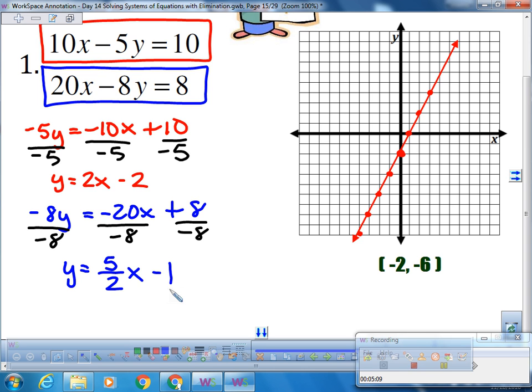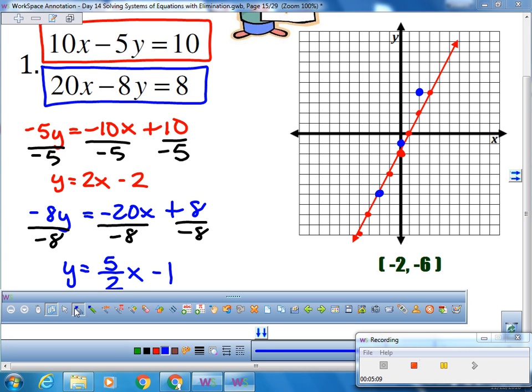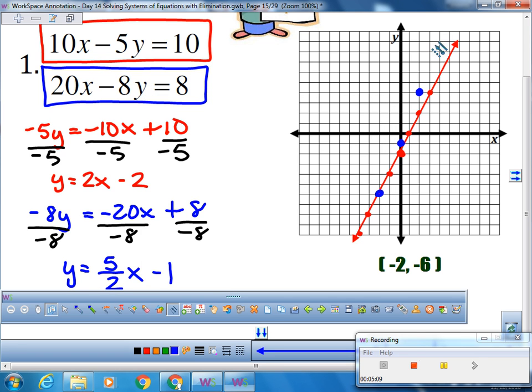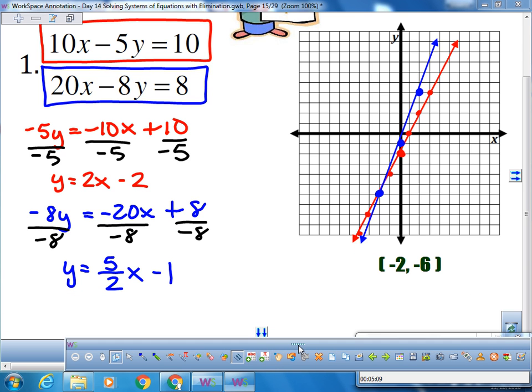Correct? So I'm at negative 1. And I'm going to go up 5 over 2. 2, 3, 4, 5 over 2. And down 1, 2, 3, 4, 5 over 2. Bingo, there's my intersection right there. Does that match my algebraic solution?